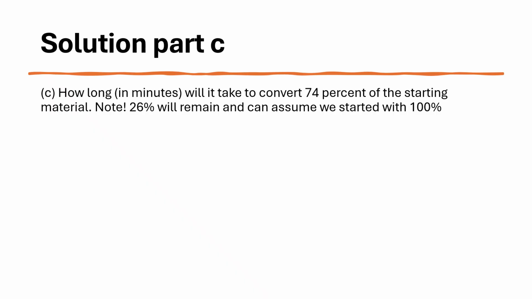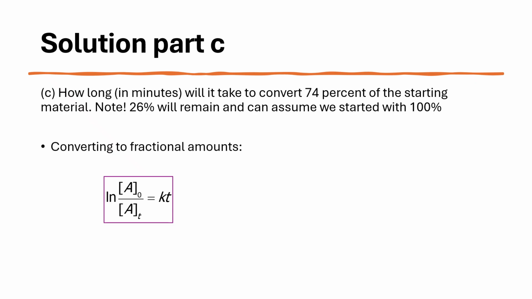In other words, we've taken away the 74% from the full 100% that we started with. We will again use this form of the integrated first order rate law, and we will convert to the fractional amounts of 1 and 0.26.